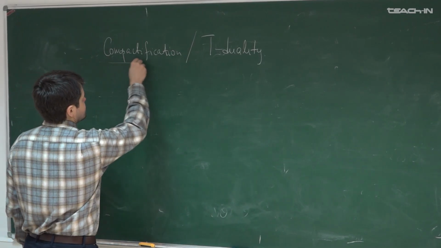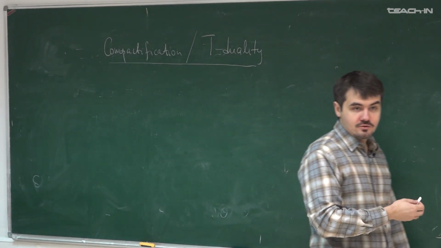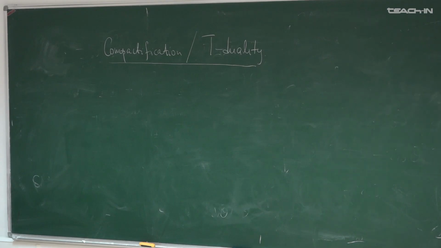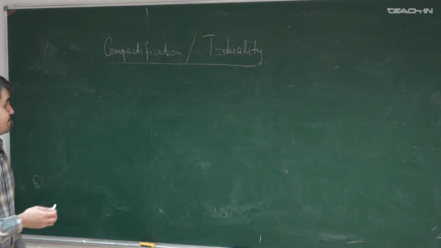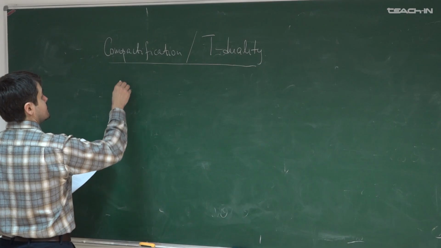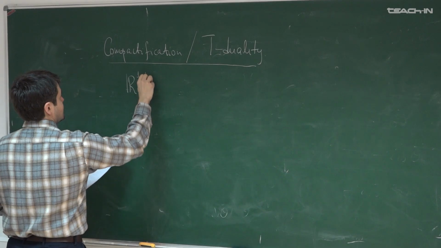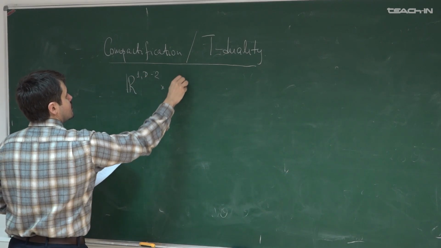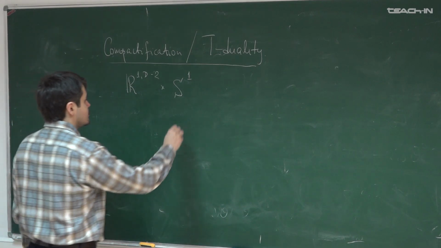In general, compactification is necessary in string theory because there are extra dimensions. For example, in the bosonic string there are 26 dimensions. So to get to a more physical number of dimensions, you have to compactify the other dimensions. There are various compactifications that you can have, but the simplest one is on a torus. So you just assume that your spacetime is R^(d-2) cross S^1. This is the simplest compactification on a circle.